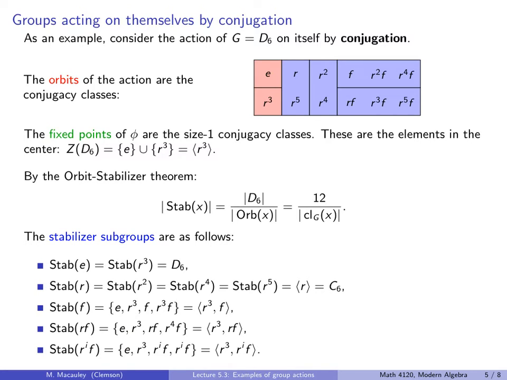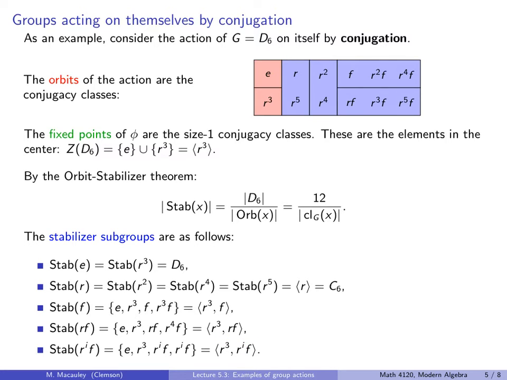It has to contain r cubed, because both of these things are in the center, and it has to contain itself, r to the i f. And we know it has order 4 because both of these orbits have size 3. And so there's only one more element, which has to be r to the i times f. So this is the subgroup generated by r cubed and r to the i f.